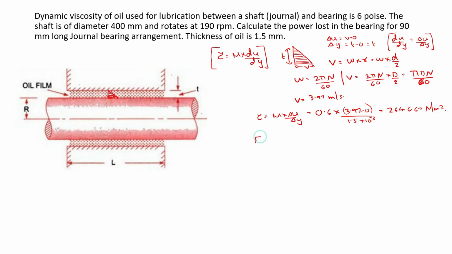So what will be the force? This shear stress will be acting here like this at the end. So force is equal to tau into area, that is tau into pi into D into L, where L is the length of the shaft.